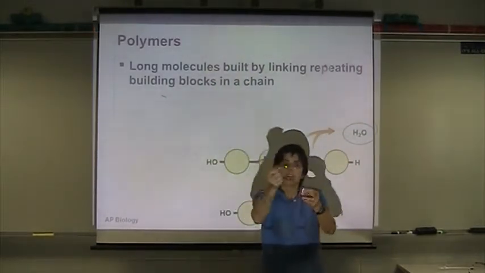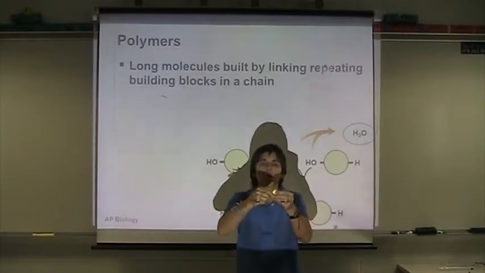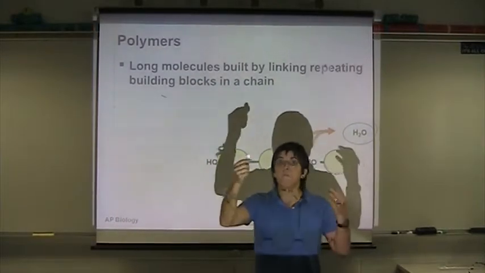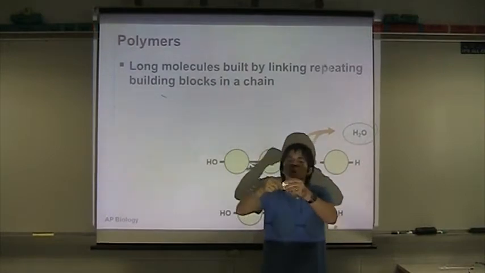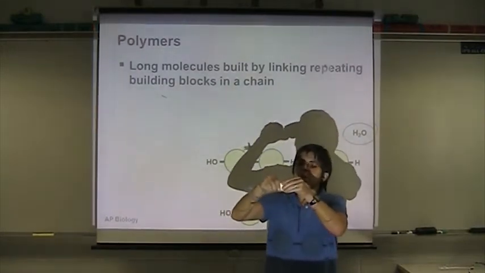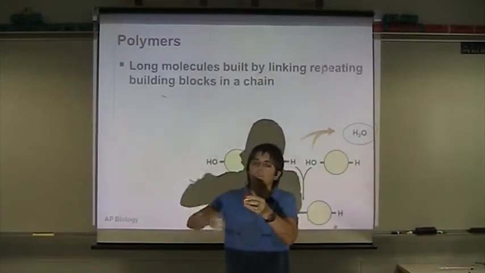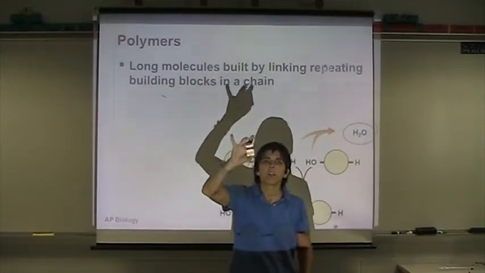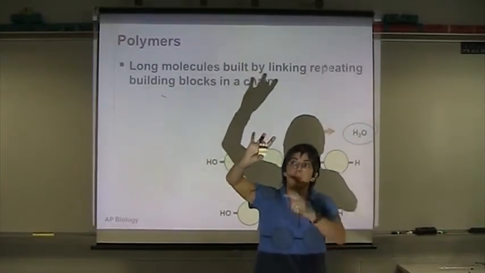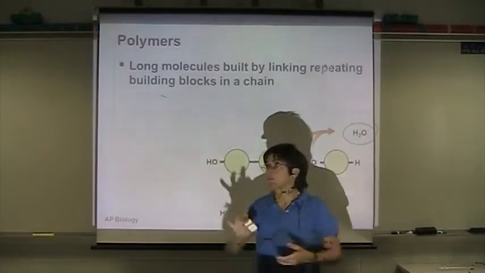Now, these individual components, we call them monomers. Mono means one. When you have all these individual components joined together in a certain way through covalent bonds, you call this a polymer because it's made out of monomers.